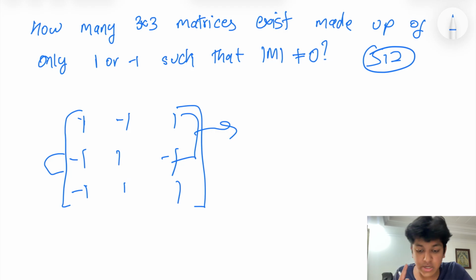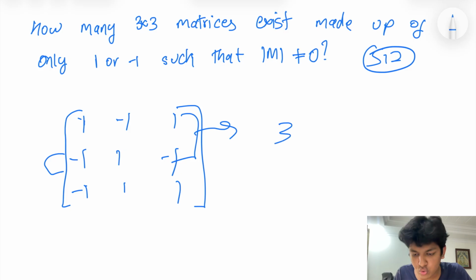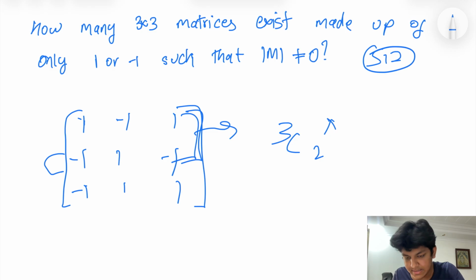So what our aim is right now is to find the number of matrices whose determinant is 0, and in the end we are just going to subtract from 512 to get our final answer. Okay, so let's say 3C2. Let's choose two rows out of the 3 that are there. And let's focus on the cases where the two rows have exactly same values.